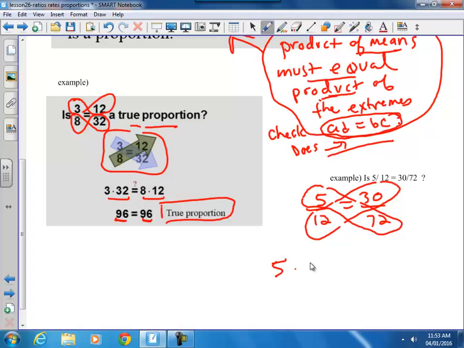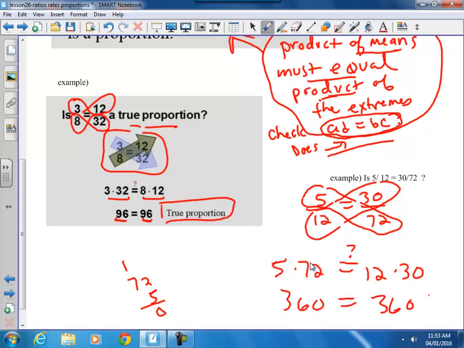So we want to investigate, does 5 times 72 equal, question mark, 12 times 30? So, well, let's see, 72 times 5, that's 360. And 12 times 30, gee, that's 362 as well. So yes, the product of the means does equal the product of the extremes, so it is a true proportion.